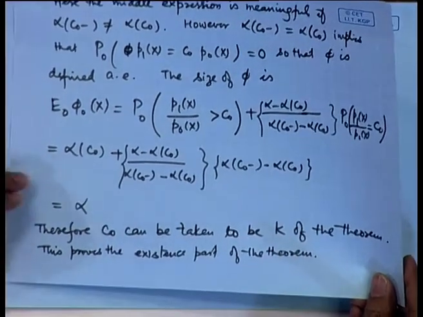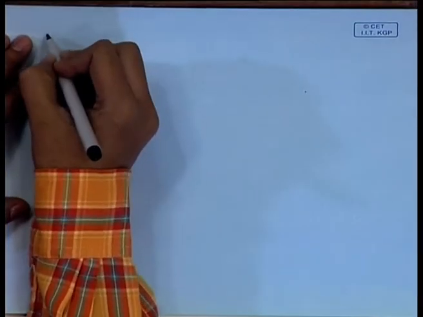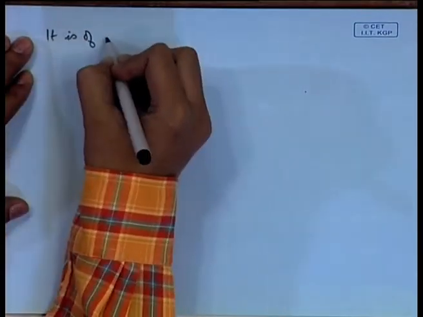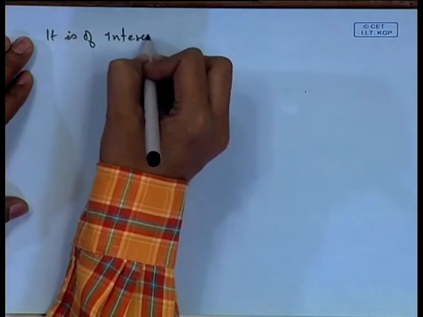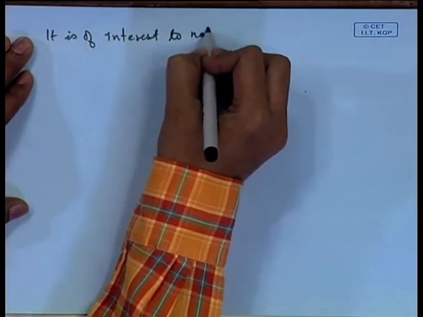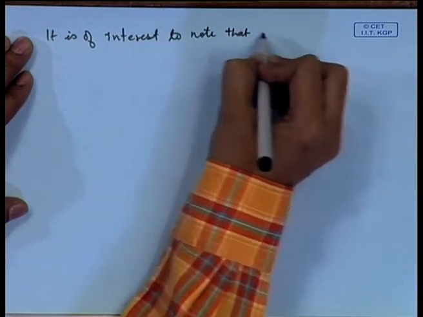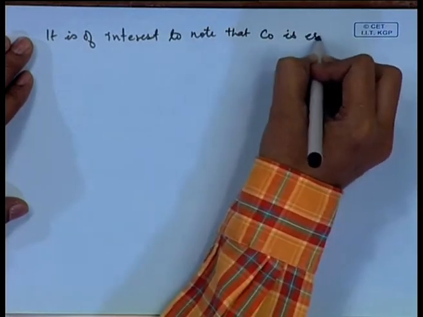Let me pay some attention to this value C naught here. Now, it is of interest to note that C naught is essentially unique.